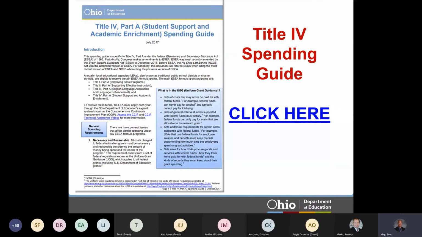I think at one point, I don't quote me on the actual number, but I think there's like 56 different allowable activities within those three areas to use federal dollars for. You do need to make sure that you are following the rules if you get more than $30,000 for Title IV, but your educational consultant will be able to help you work with that.